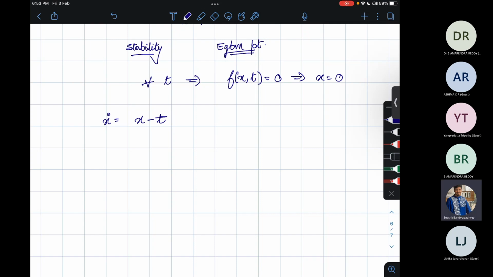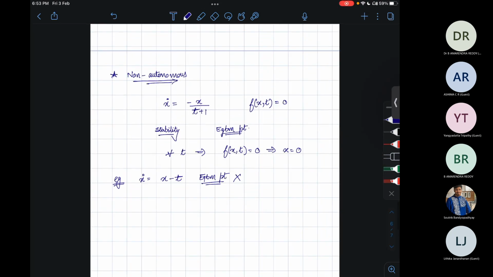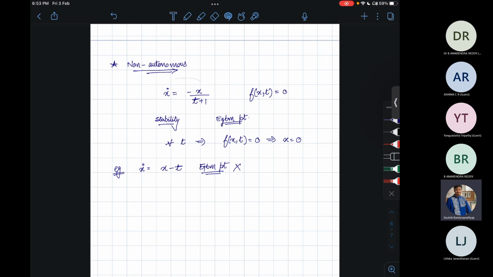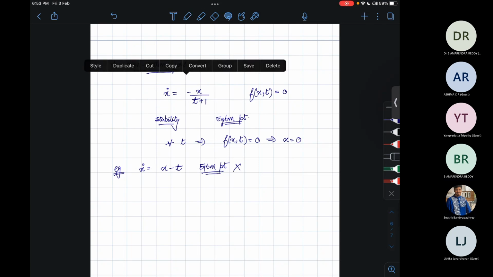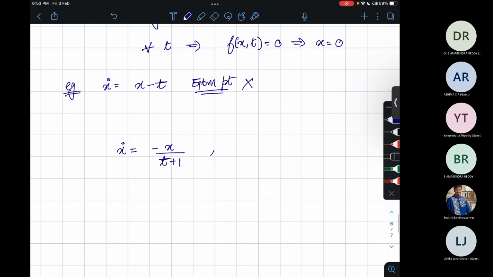So there is no equilibrium point for this system, right? Now, if you look at the other system, the equilibrium point was at 0, and it is completely time independent. So the equilibrium point was at 0.